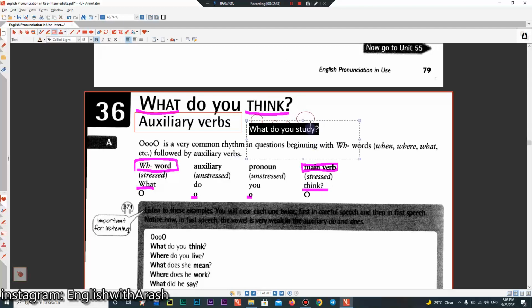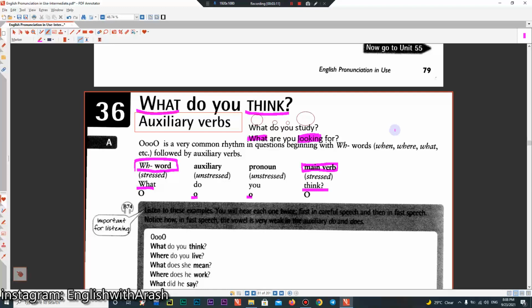Let me give you another example too. What are you looking for? For is not the main verb there. So again, stress is on the WH word and on the main verb. This is a very common pattern to pronounce questions.